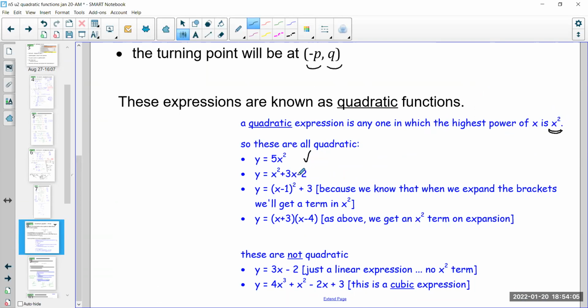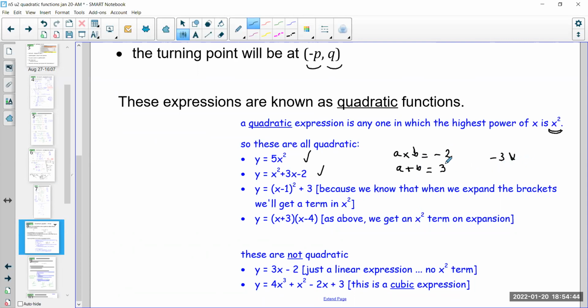When you've got this parabola, you've learned how to factorize x squared plus 3x minus 2. Remember when you were factorizing, we looked at two numbers such that a times b equals negative 2, and a plus b equals 3. I can use negative 3 and 1?